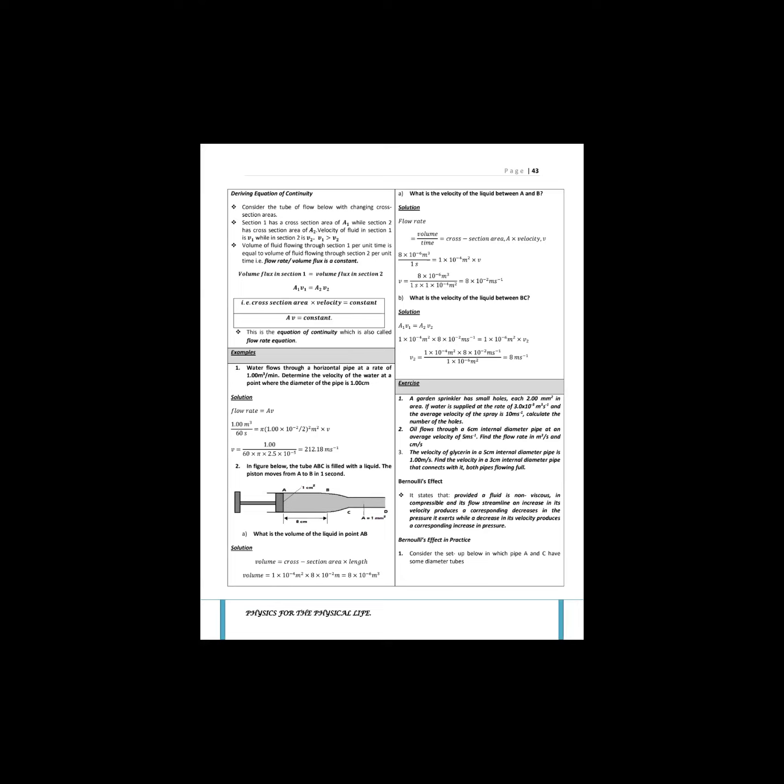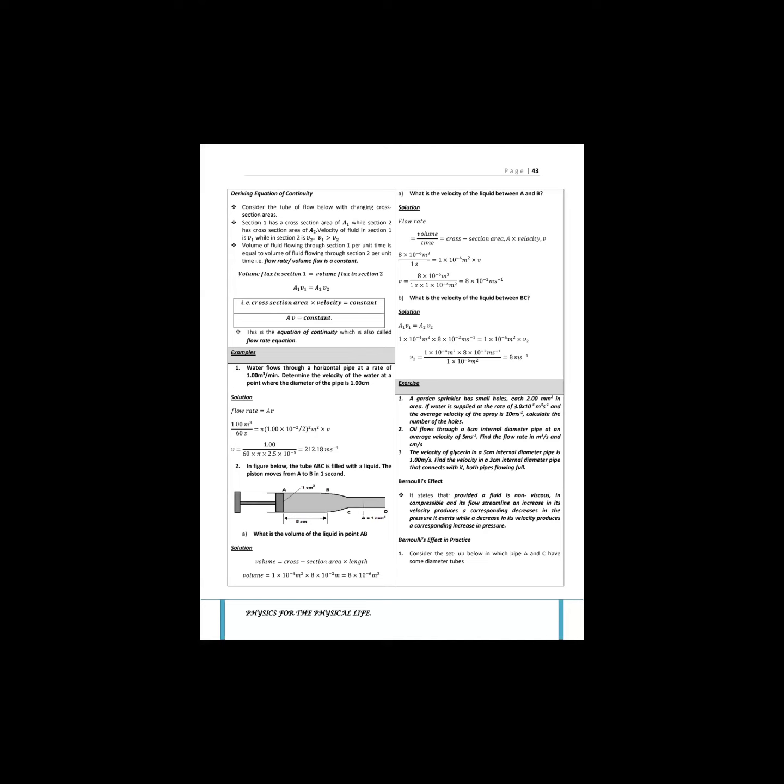But we have the diameter of the pipe, and the diameter is not the length. So we'll use the formula of volume.